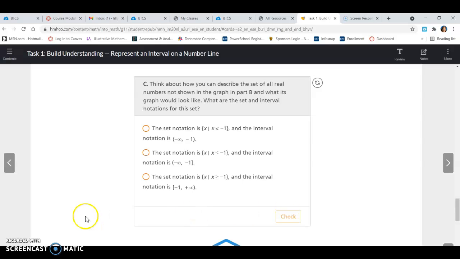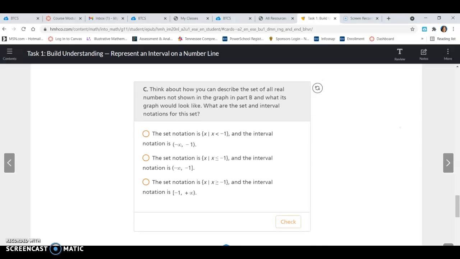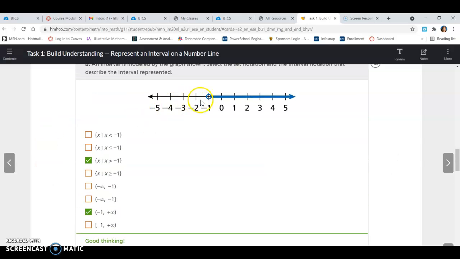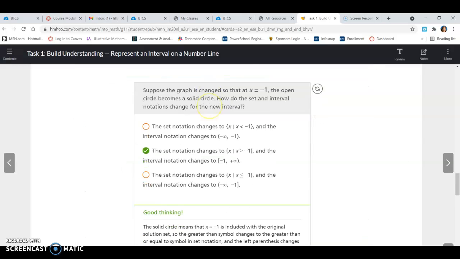All right, last question. Pause it, and then we'll do it together. All right, again, this is C part, so we're still looking at the same graph from above. It says, think about how you can describe the set of all real numbers not shown in the graph. So if you look at the graph, they want to know, how can you represent all the numbers not shown? So we need everything less than or equal to -1.